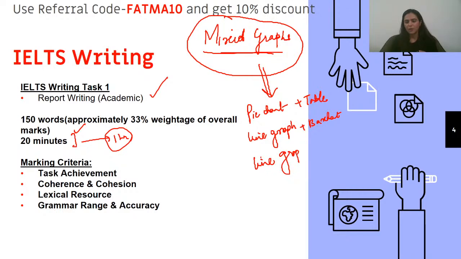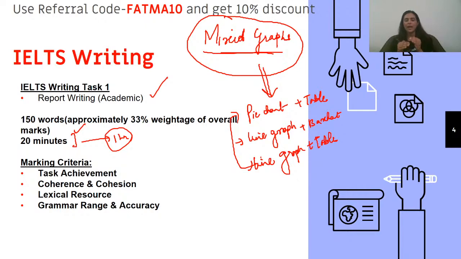These are very common question pairs that you see, right? Ideally you study individually all these types of graphical representation, but in your exam you can get a combination, and that makes the entire part difficult.